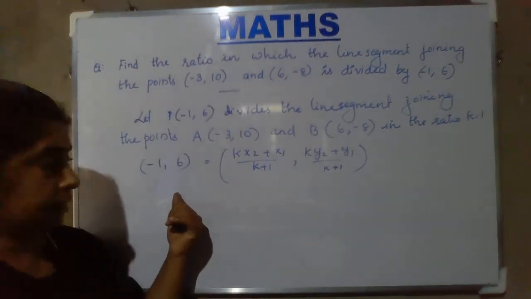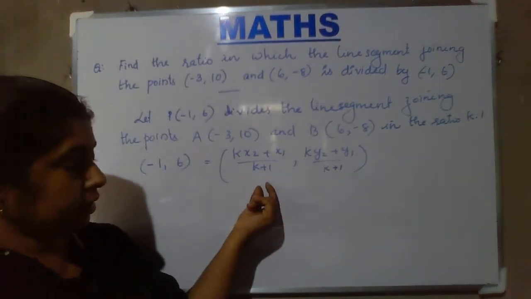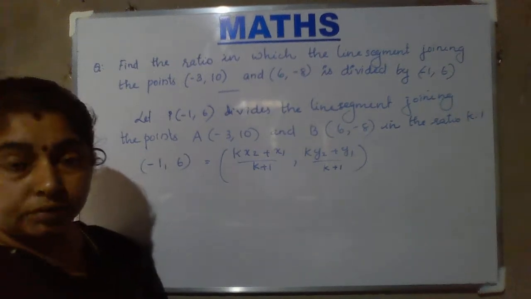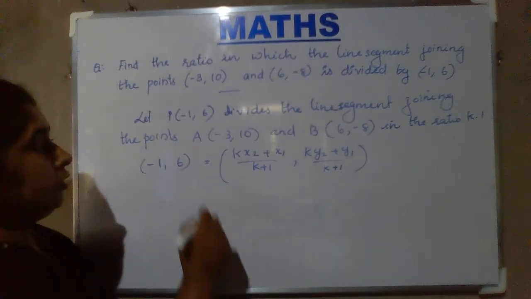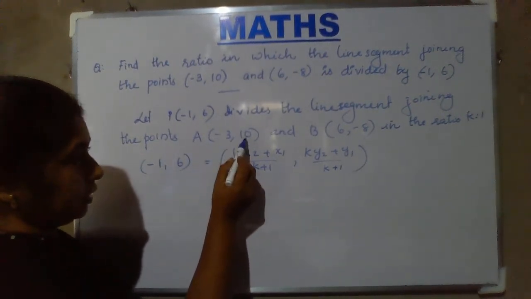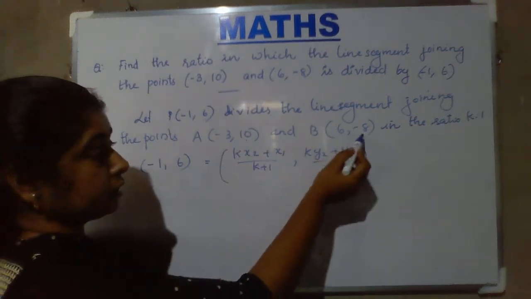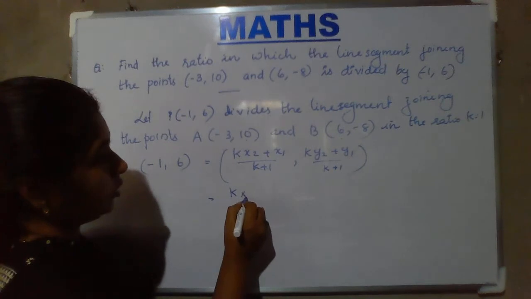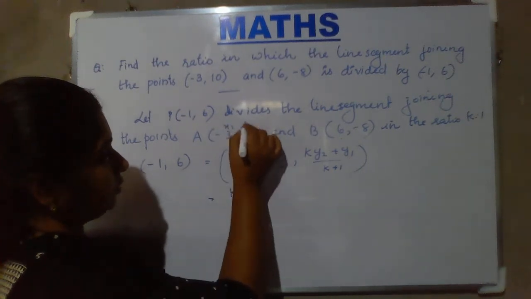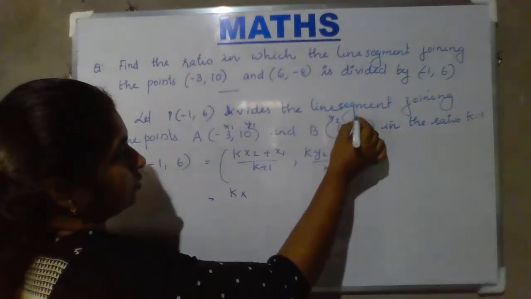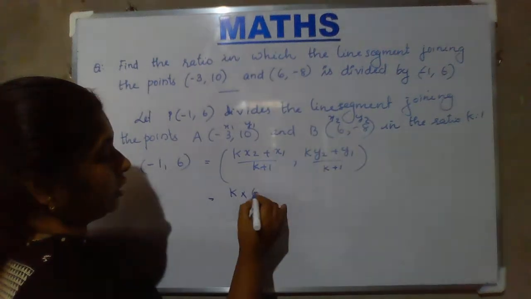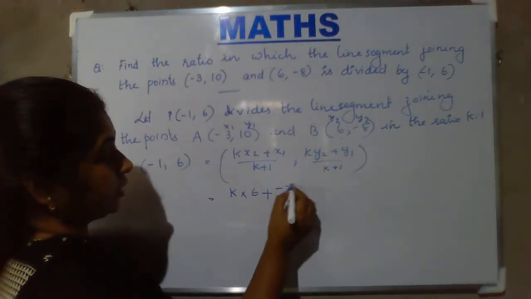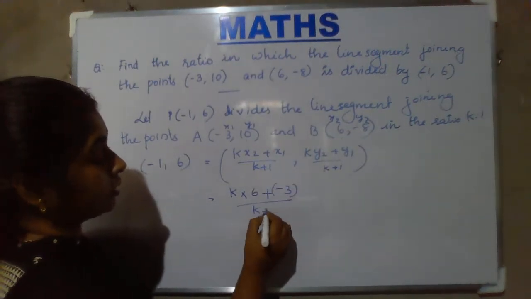Now (-1, 6) is ((kx2 + x1) by (k + 1), (ky2 + y1) by (k + 1)). Here (-3, 10) are (x1, y1), and (6, -8) are (x2, y2). Now substitute the values. This is (x1, y1). This is (x2, y2). Now k x2, k into 6, plus x1, which is -3, by k + 1.